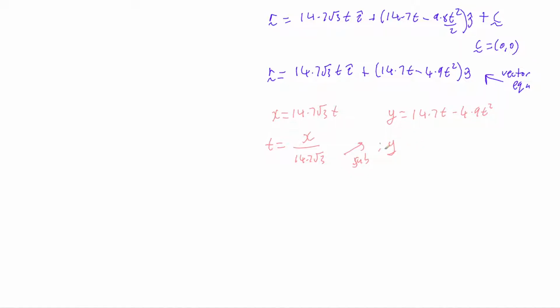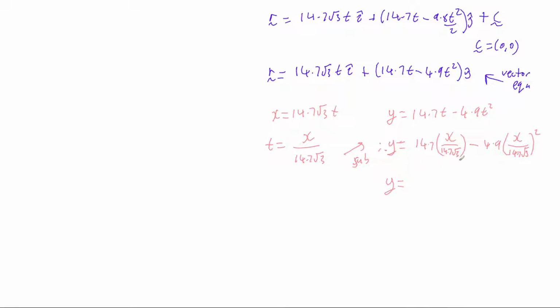So we get y equals 14.7 times whatever t is, which is x on 14.7 root 3, and minus 4.9 times x on 14.7 root 3 squared.